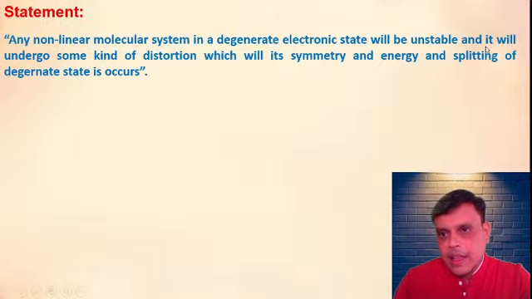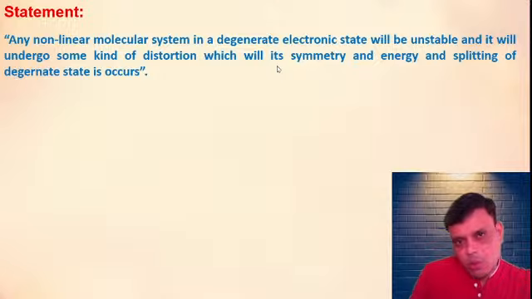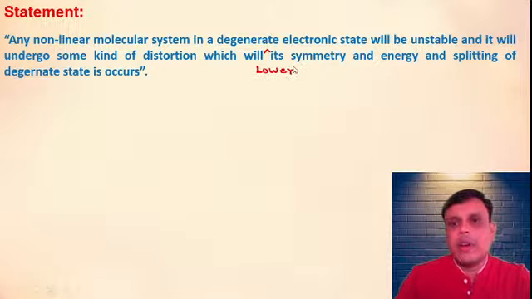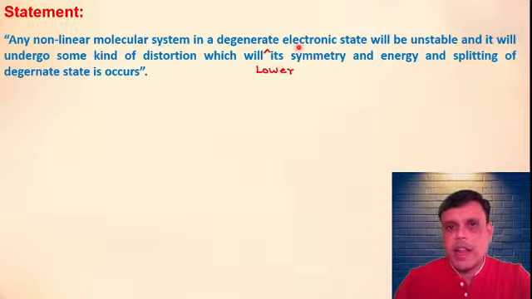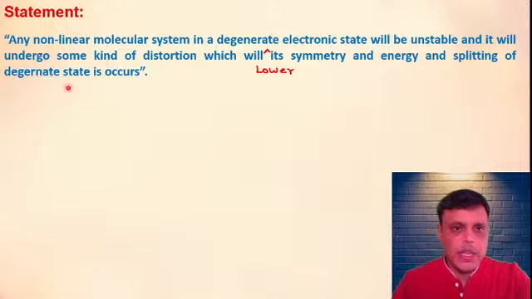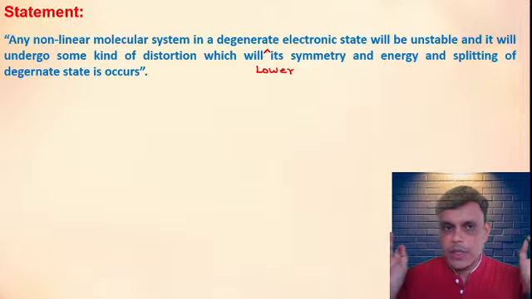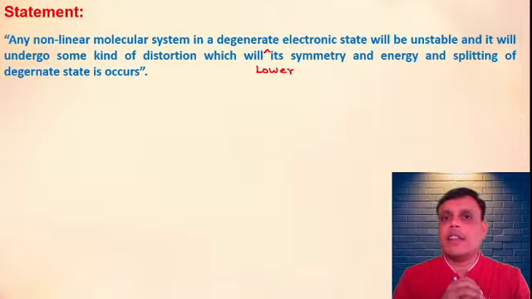So it will undergo some kind of distortion which will lower its symmetry and lower its energy, and splitting of the degenerate state occurs. So what is the meaning of this statement? Any non-linear molecular system, meaning octahedral system, when it is in a degenerate electronic state.